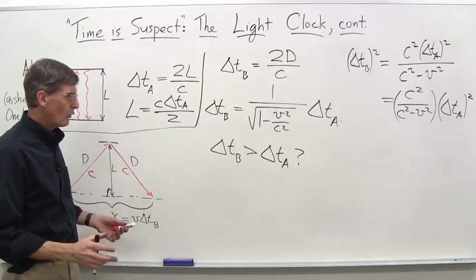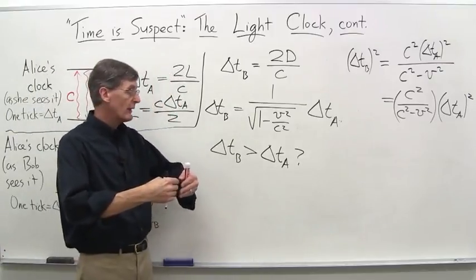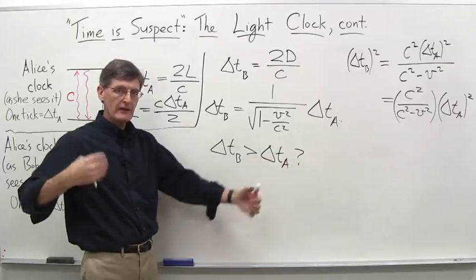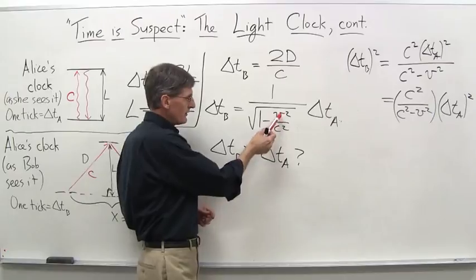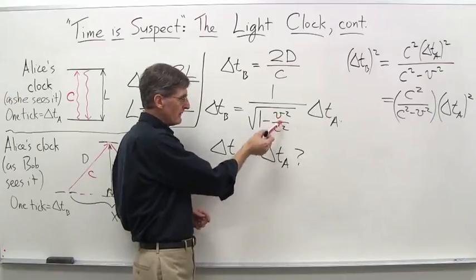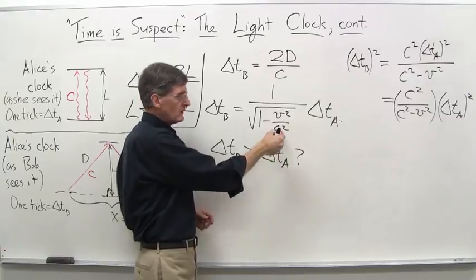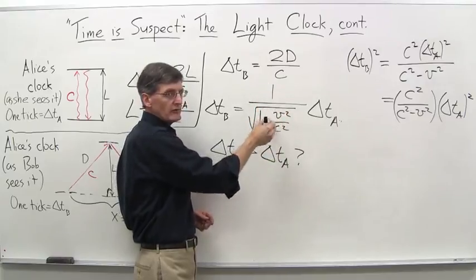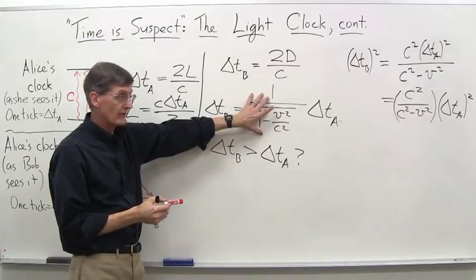So that's okay. What happens if v, let's think about another extreme case, what happens if v equals c, if Alice is actually going at the speed of light? Well, if v equals c here, I've got c squared over c squared then. That's 1. 1 minus 1 is 0. I've got a 1 divided by 0 situation. This is infinite. Okay? So that's a problem.